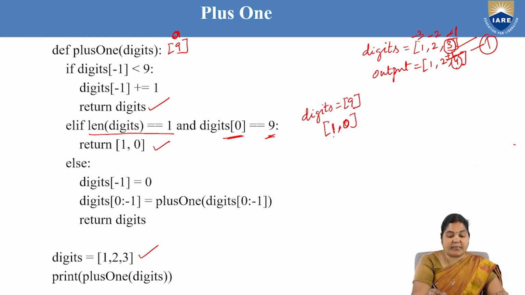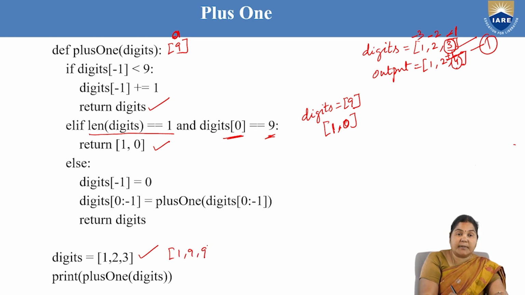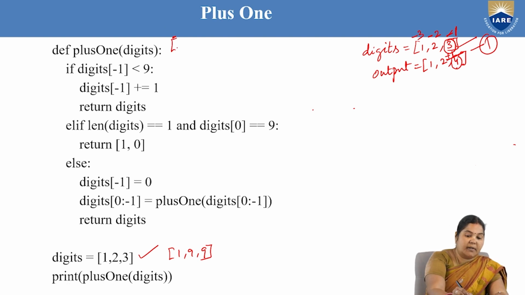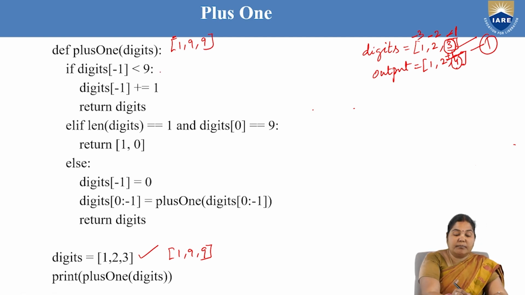Third test case. In the third test case, if my input is 199 for example, let us understand. My input is 199 the first time. So, is the last digit, digits of -1, less than 9? No. Is the length of the digits 1?